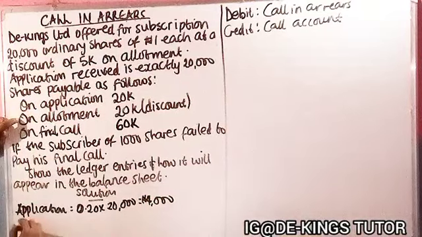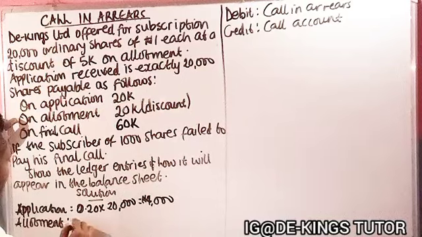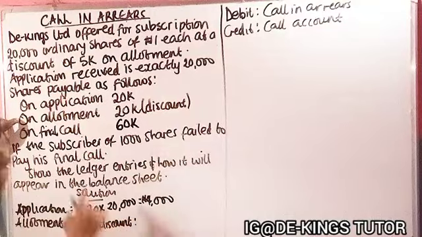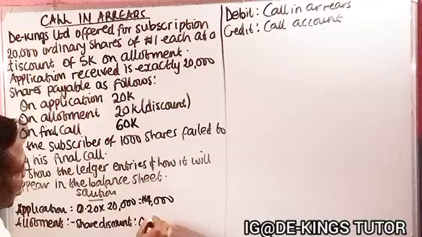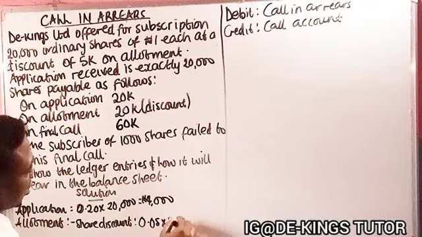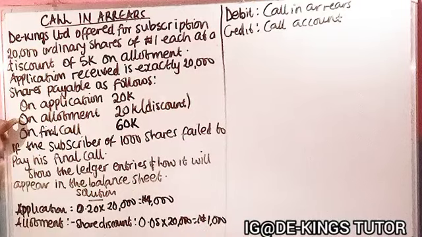The next one is allotment. The allotment will be based on the share discount, which is 5 kobo from the question. That's 0.05 times 20,000, which will give us 1,000 naira.